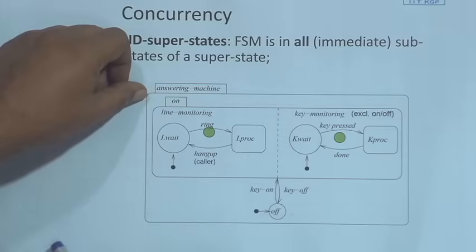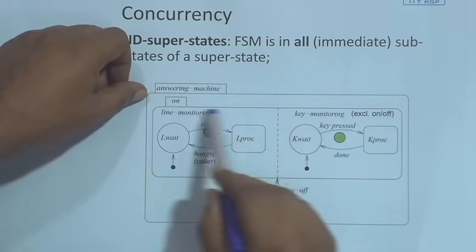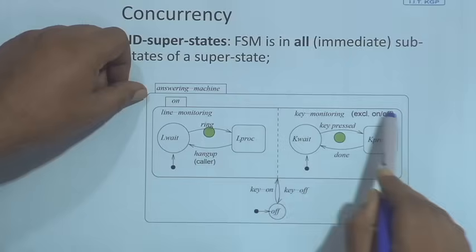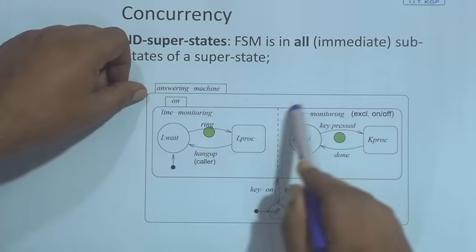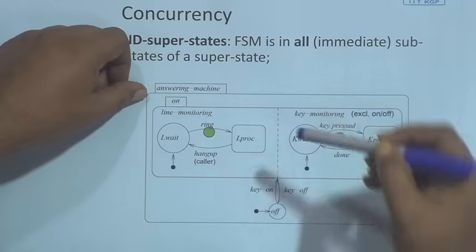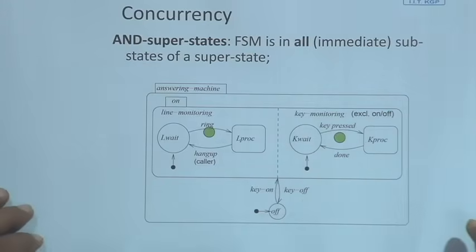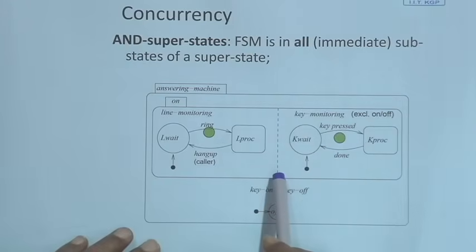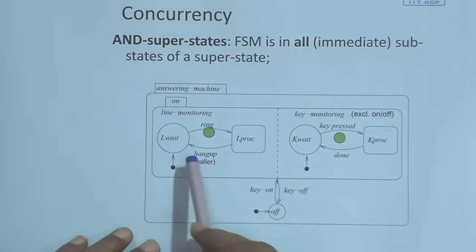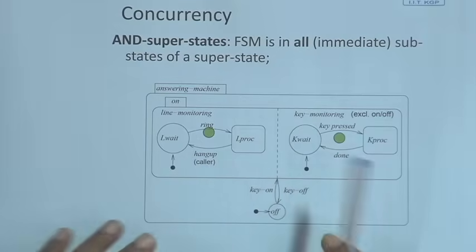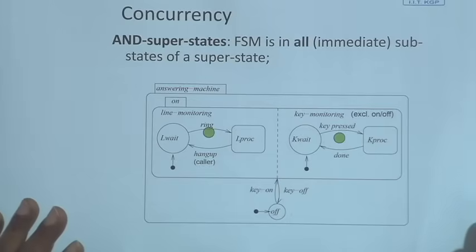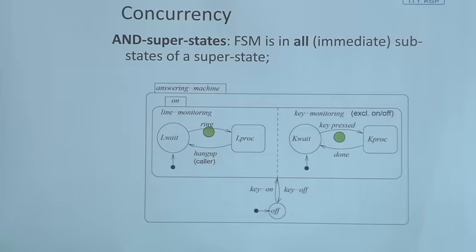This behavior comprises of two other states which are separated by this dotted line. This dotted line means that this state and this state are concurrent. They are not sequential, both of them are going on simultaneously. All right.